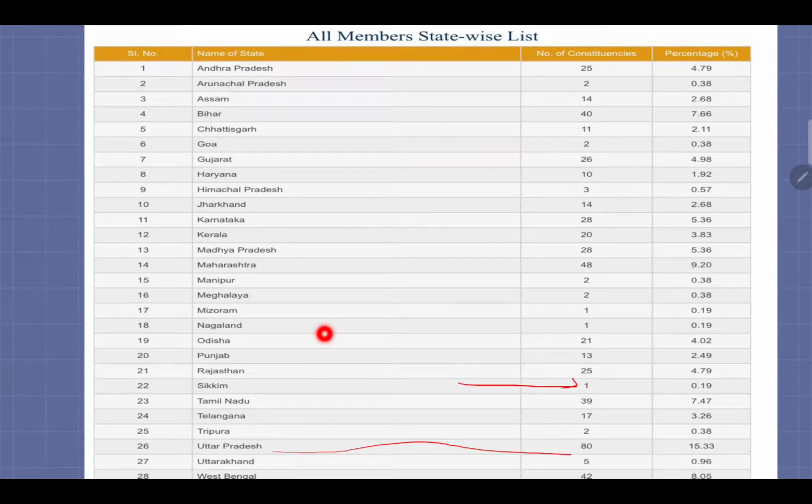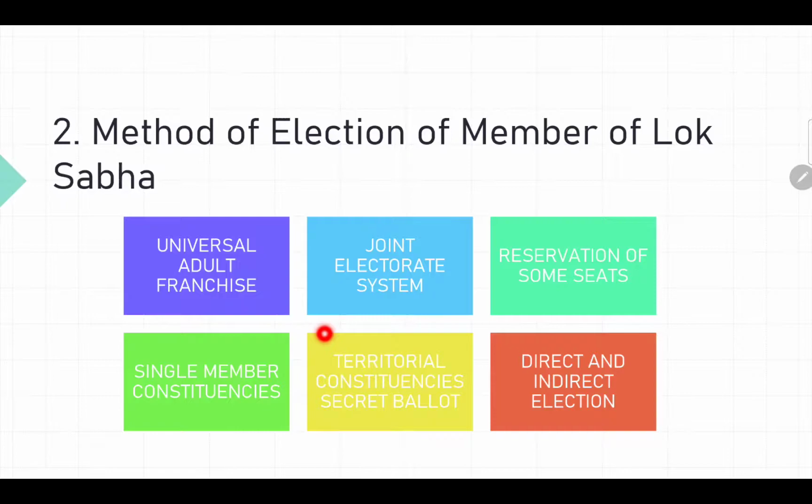The percentage for Uttar Pradesh is 15.33%, whereas Sikkim is 0.19%. So you need to be careful about knowing the percentage also. We have already completed the composition. Now we will study the method of election of members of Lok Sabha.